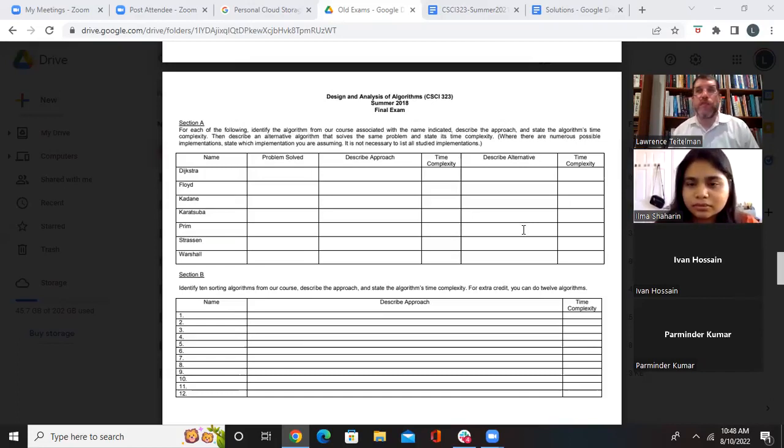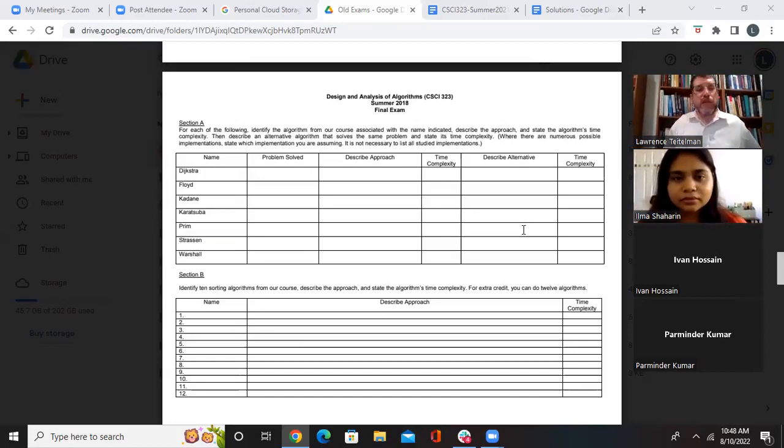And adjacency table plus a Fibonacci heap got us down to V log V plus E, which is either V log V or E, probably E. Okay, describe an alternative. So what's another way to get the single source shortest path? Bellman-Ford, that's right. And its time complexity is O of V times E.